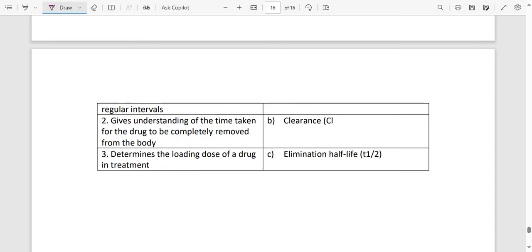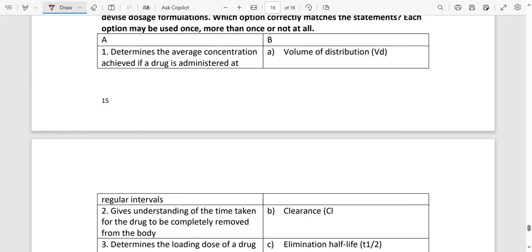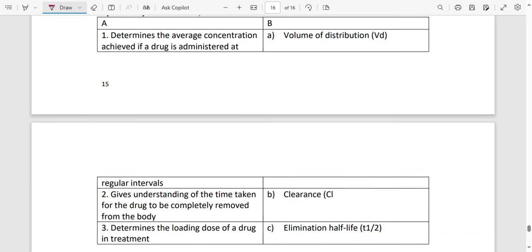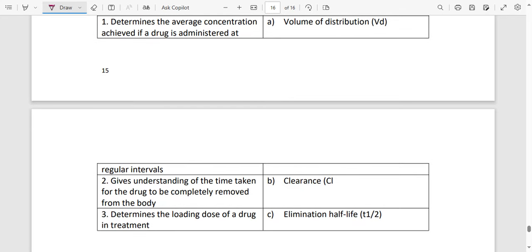And then the last one here: the following pharmacokinetic parameters are used in the calculations to devise those formulations. Number one, determine the average concentration achieved if a drug is administered at regular intervals.